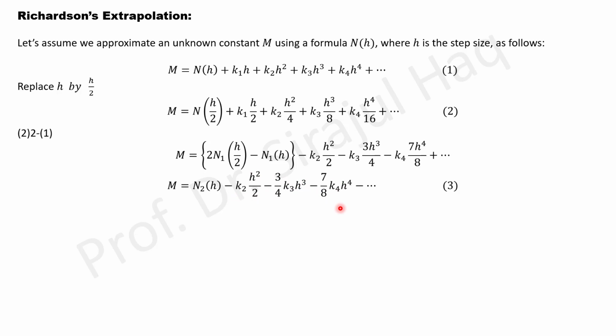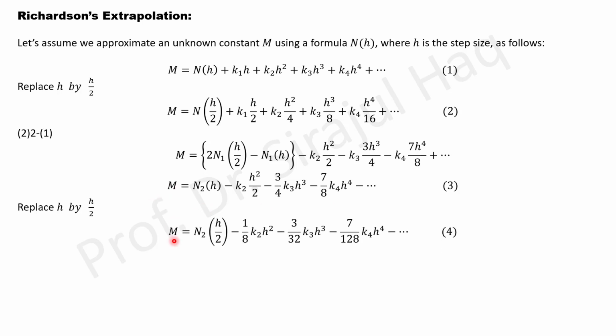So follow the same criteria, replace h by h/2. When you replace h by h/2, m will remain as such, n2 of h divided by 2 minus k2 h divided by 2 square is h square divided by 4. 4 multiplied by 2 is 8. Minus 3 divided by 4 k3, this will be h divided by 2 whole cube, means that this will be h cube divided by 8. 8 multiplied by 4 is 32.